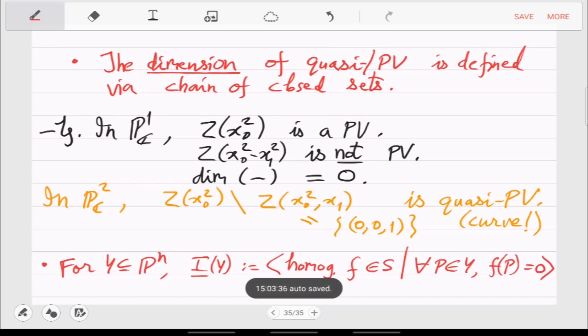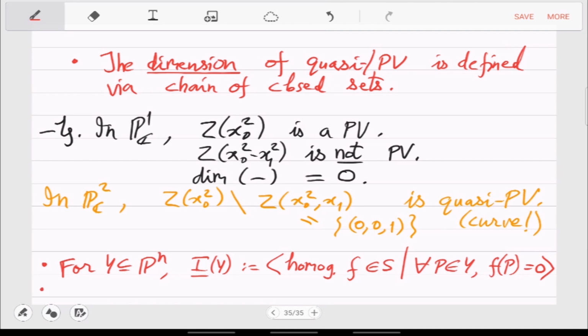Okay, so now the ideal functor will take subsets of points to an ideal, which just collects the maximal possible system which defines your subset Y.